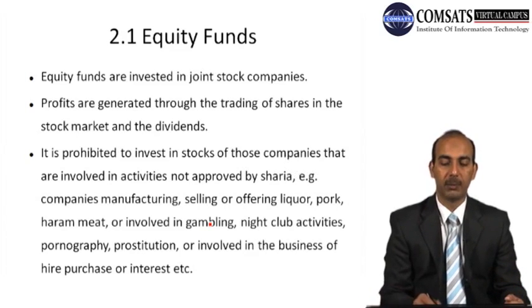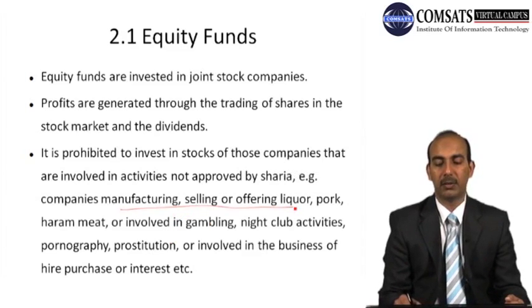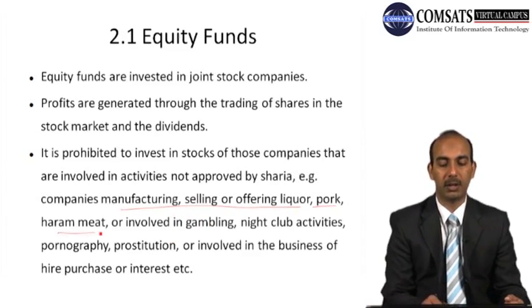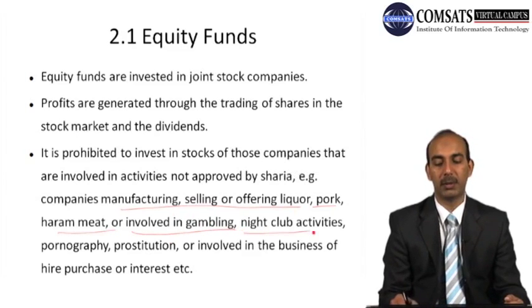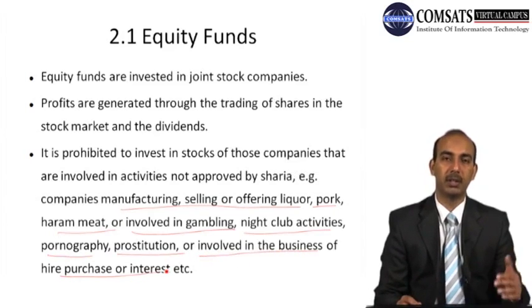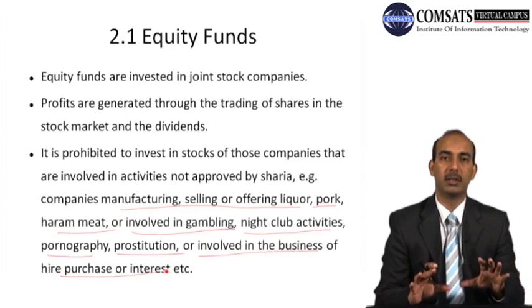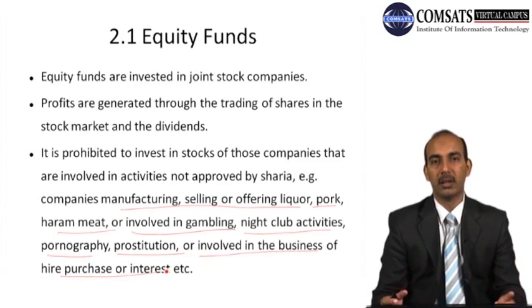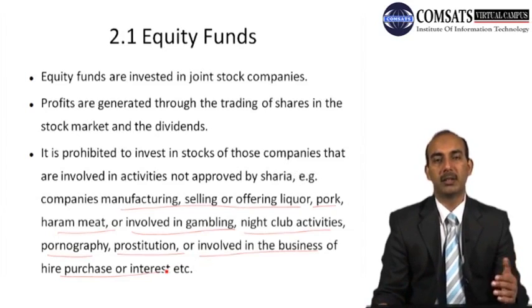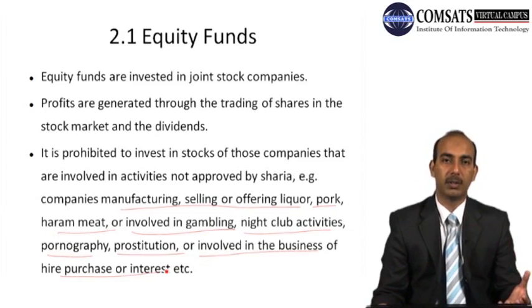For example, companies manufacturing, selling or offering liquor, pork, haram meat, or involved in gambling, nightclub activities, pornography, prostitution, or businesses of hire purchase or interest. So the companies where the main business is against the Sharia, the fund managers cannot invest into those companies.